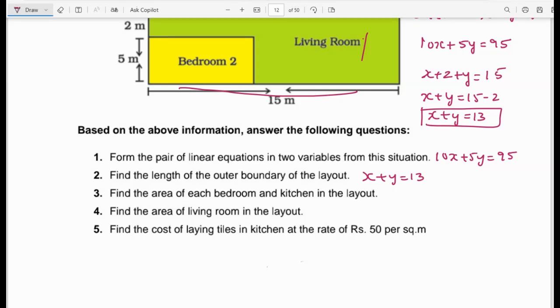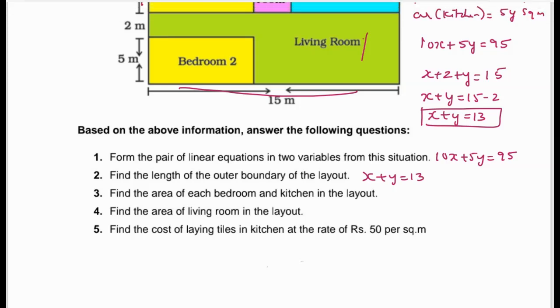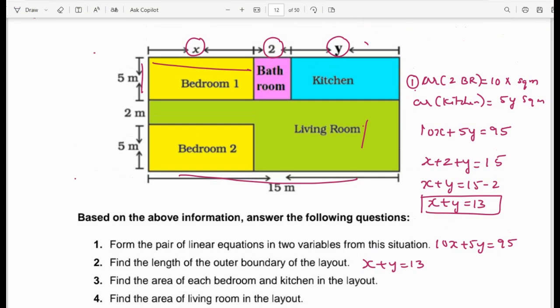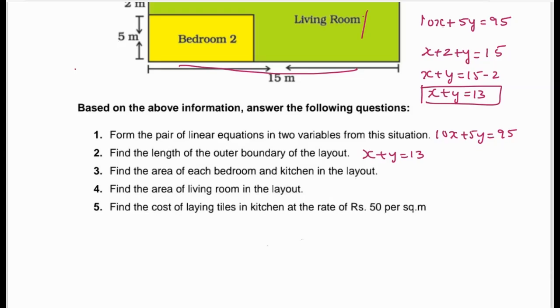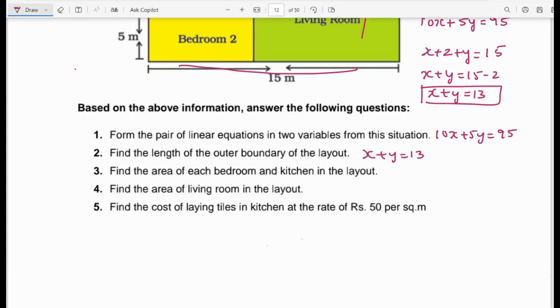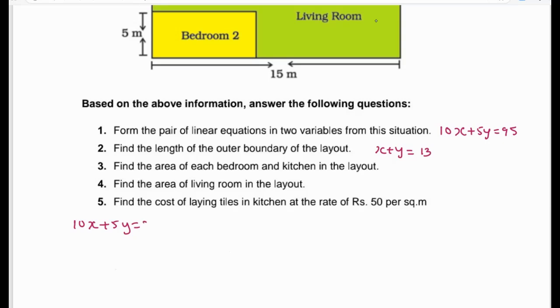Then third one, it says find the area of each bedroom and kitchen in the layout. So we have first one, 10x plus 5y is 95. Then x plus y is 13. Just simplify these two equations, we get the answer. 10x plus 5y equals 95.